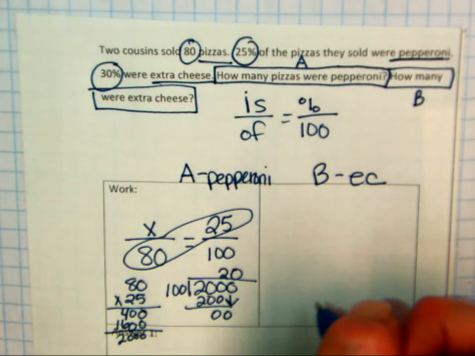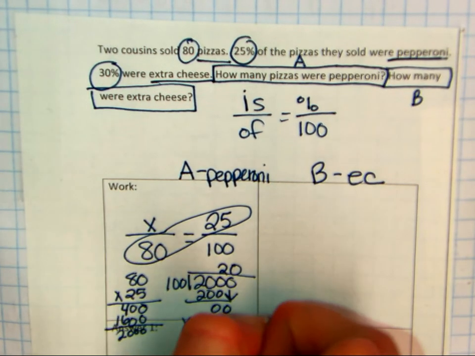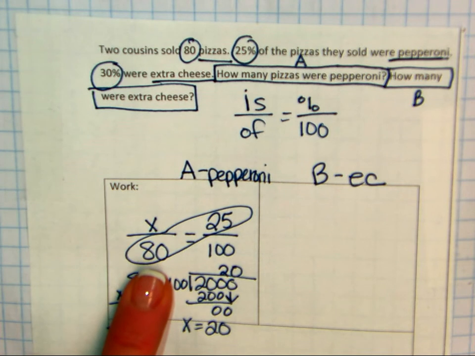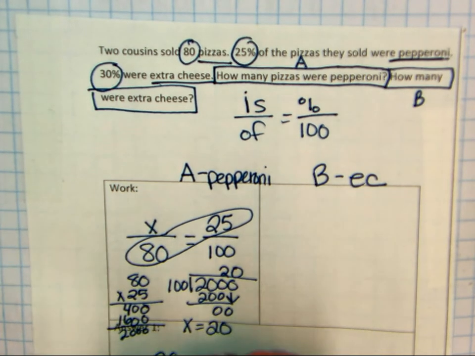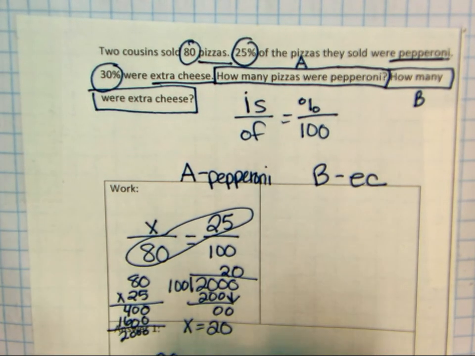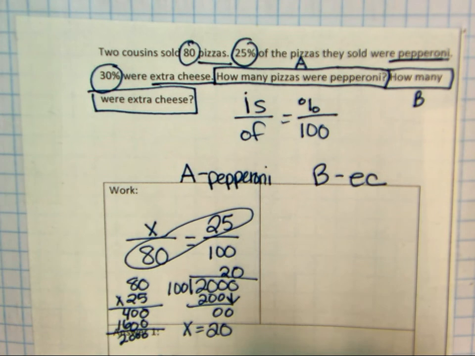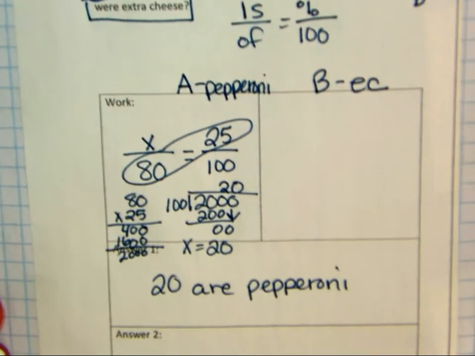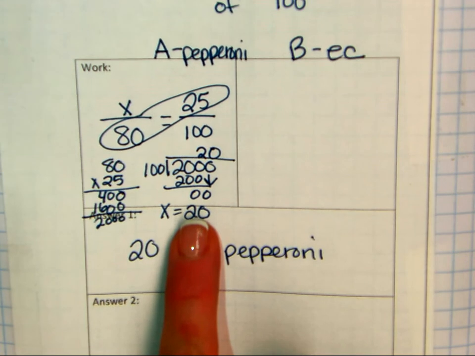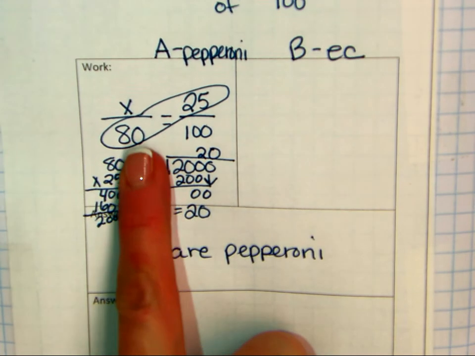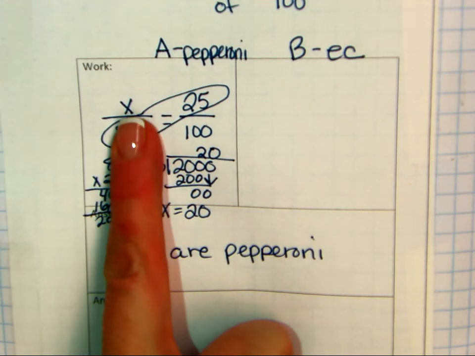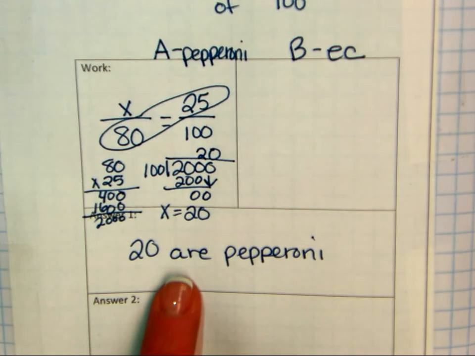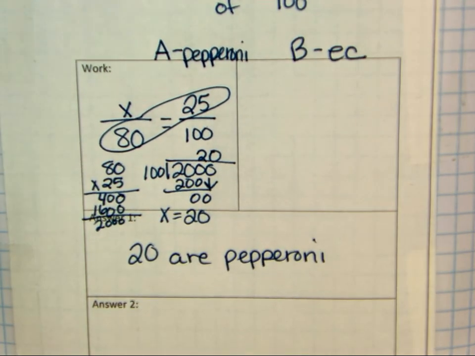So we find that x equals 20, which means out of the 80 pizzas, 20 are pepperoni. So we write that down here. Out of the 80 pizzas total that we have, 20 of those pizzas represents 25%, so 20 pizzas are pepperoni.